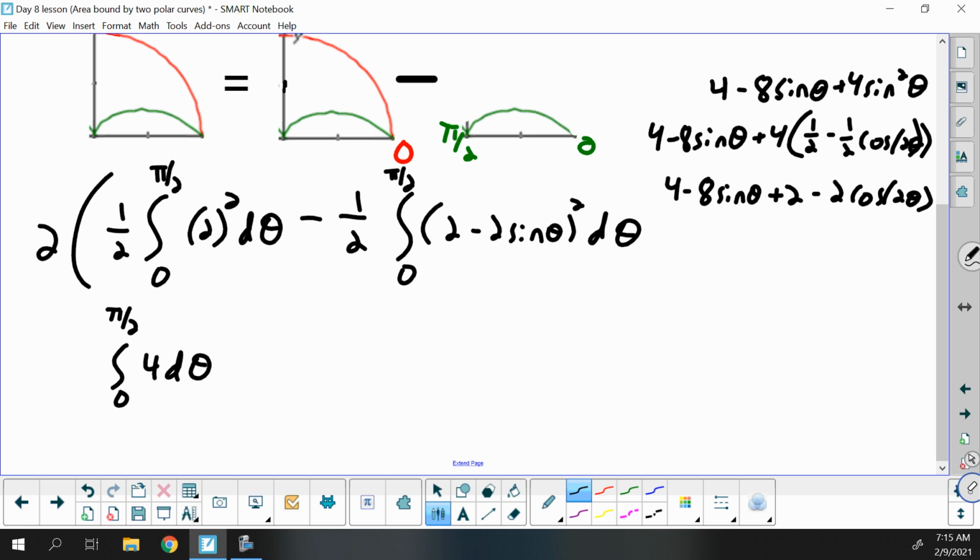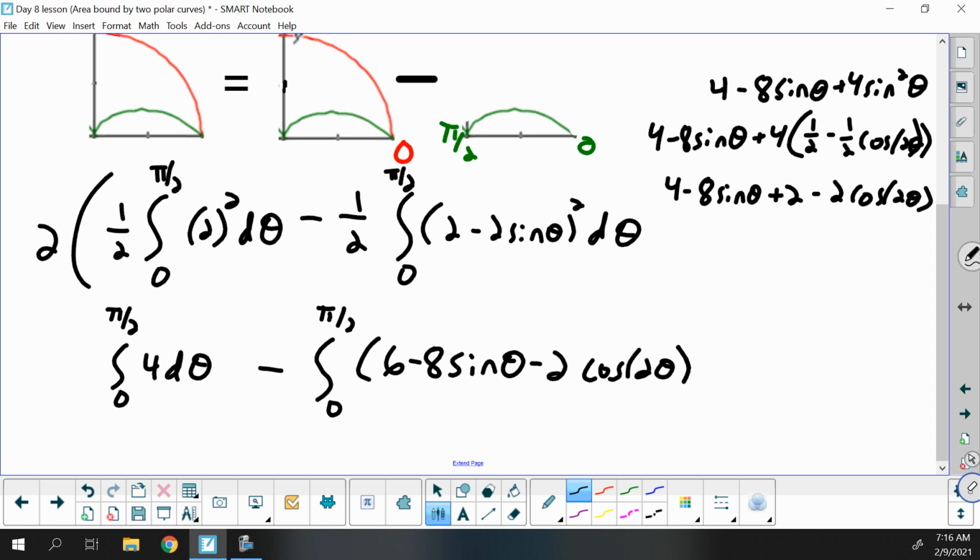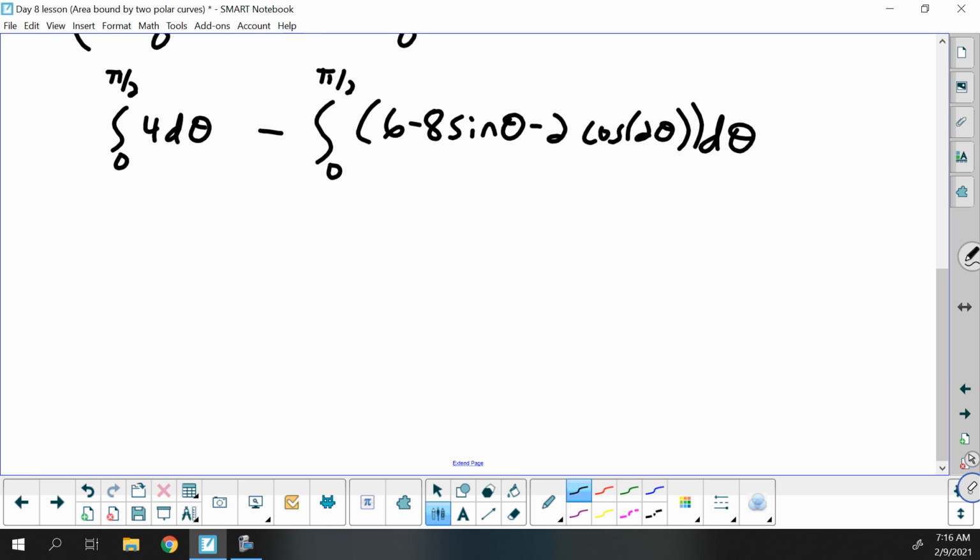Remember, we got rid of the half because we pulled it out and it wiped out with the 2. So now we have minus 0 to pi over 2. If we combine our like terms, we'll have 6 minus 8 sine theta minus 2 cos 2 theta d theta. And again, keep in mind, we pulled out the half and wiped out the doubling that we were doing.